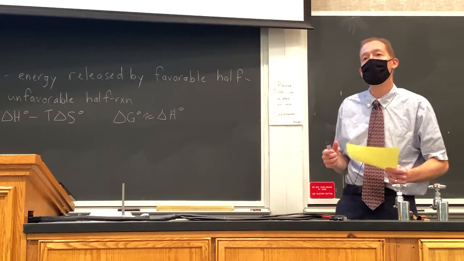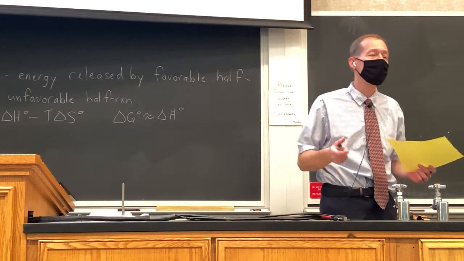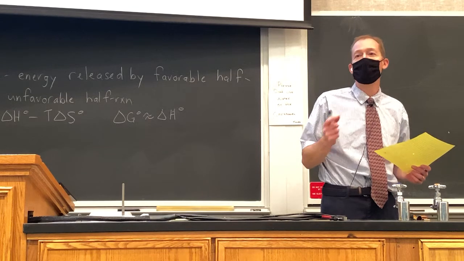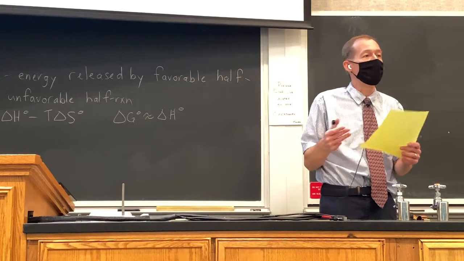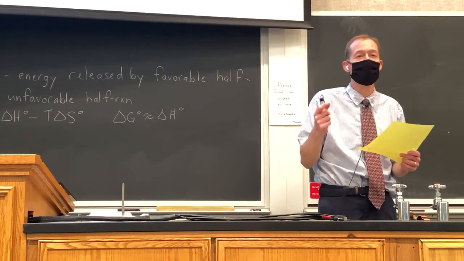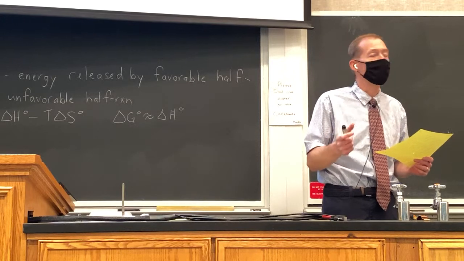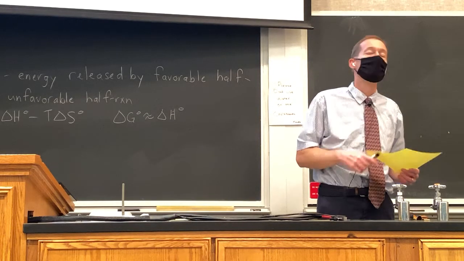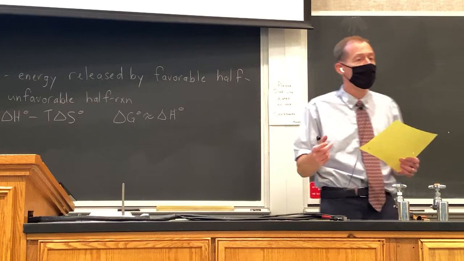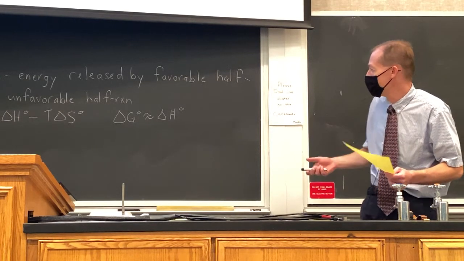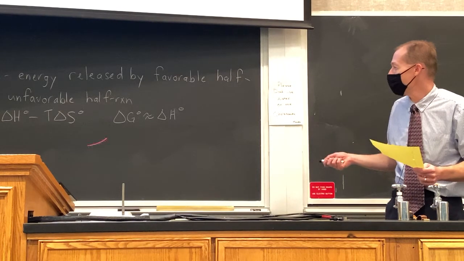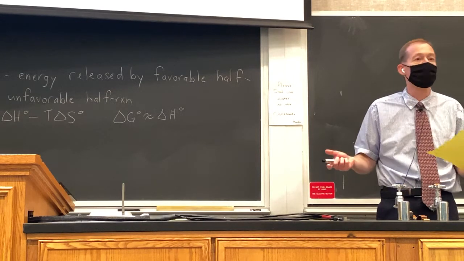Now, it just so happens that in most organic reactions, differences in delta S, or differences in entropy between reactants and products, and therefore delta S values, are usually very small. So because those values are very small, the T delta S term in this equation is usually quite small, much smaller than the delta H term.